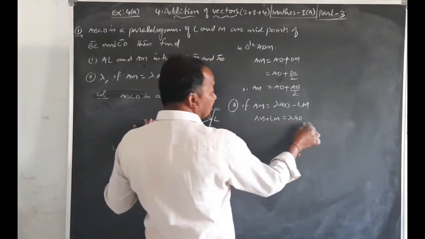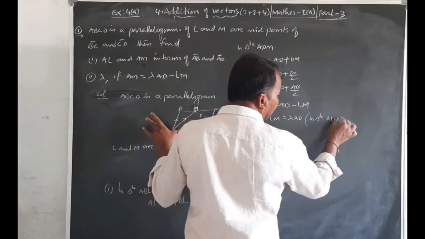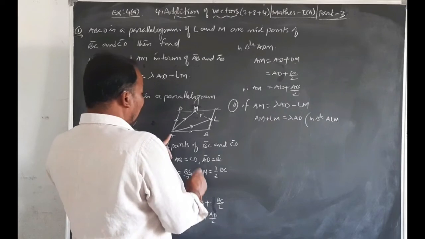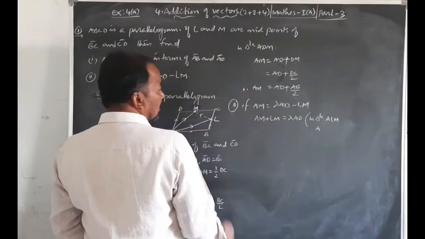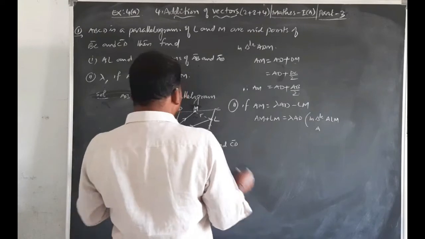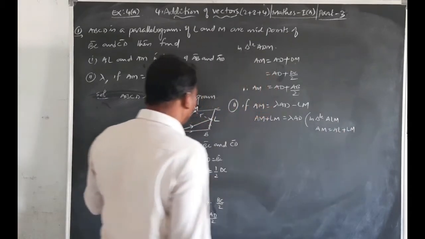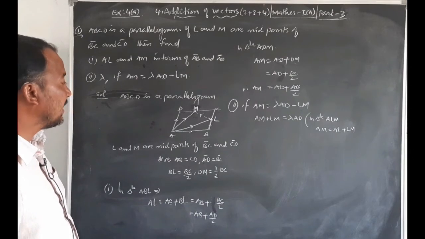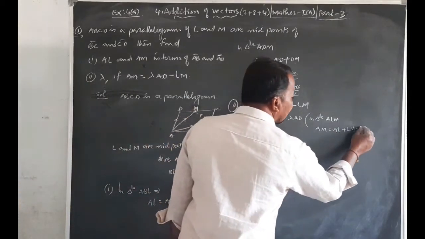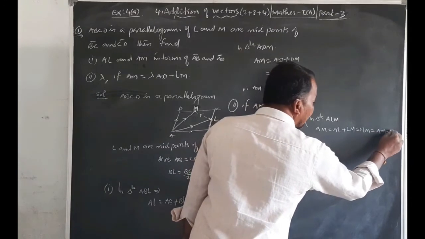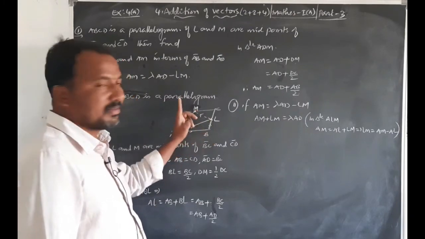In triangle ALM, AM equals AL plus LM. So LM equals AM minus AL.